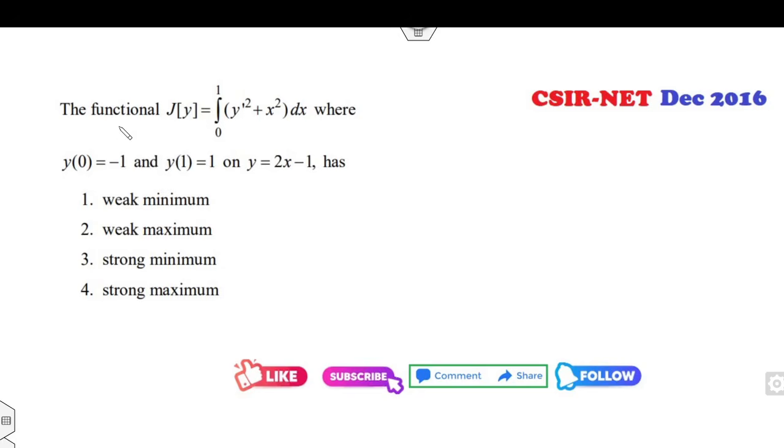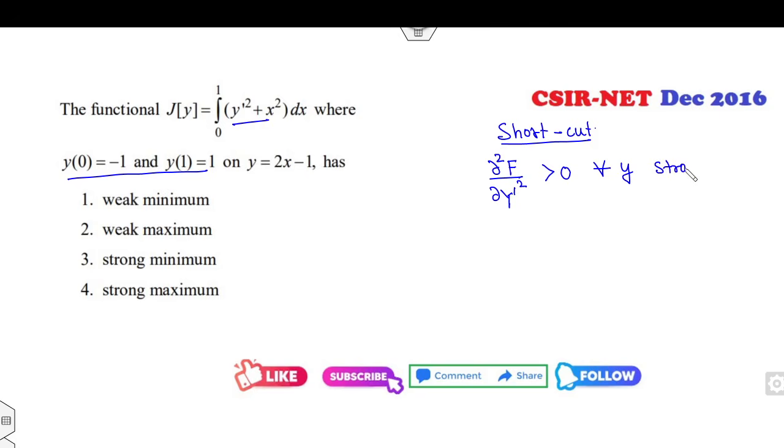Okay, the next one is the functional given to be here. The points are: what is the weak minima, weak maxima? First of all, whenever you are talking about the weak minima and the weak maxima, you have to start from this case. If this is greater than 0 for all values of y, then we call it the strong minima.